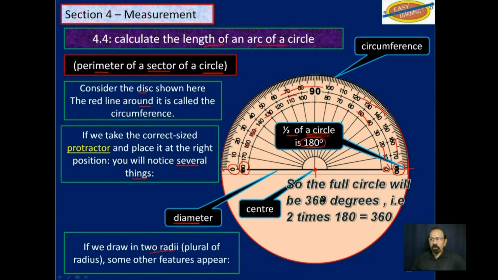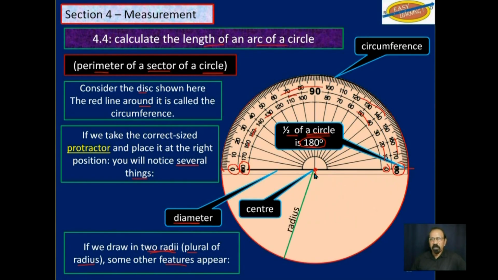Now, if we draw two radii, which is plural of radius, some other features will appear. A radius is a straight line from the center of a circle to the circumference. We draw one like that, and another one like this, somewhat apart. So you have two radii.